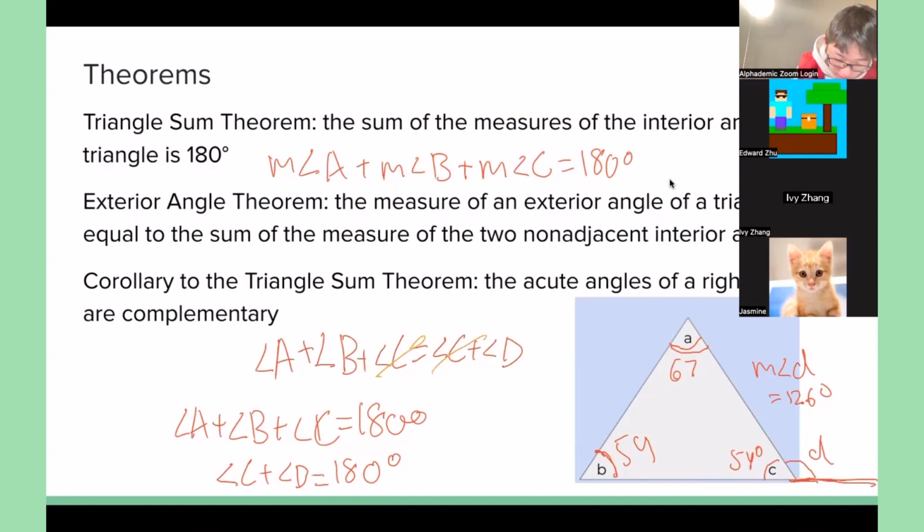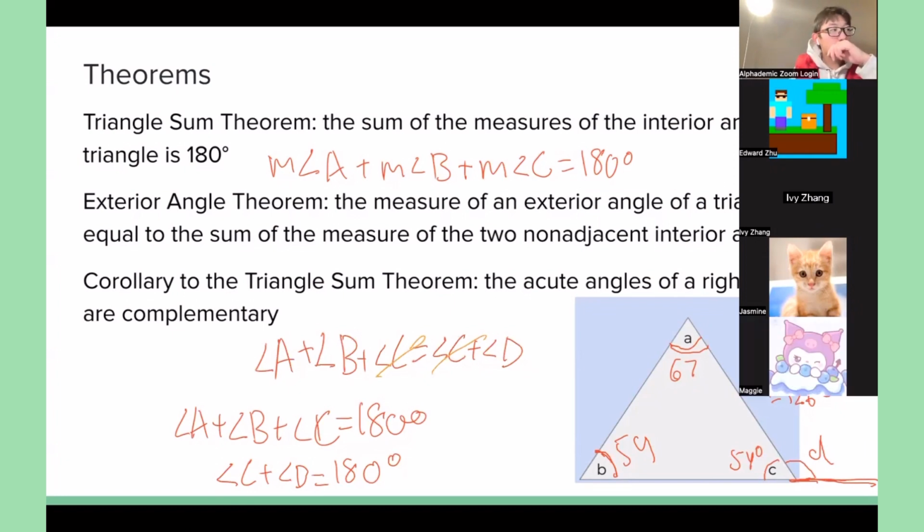Next up, we have the corollary to the triangle sum theorem, which says the acute angles of a right triangle are complementary, which, as we talked about, means they sum to 90 degrees. For example, let me draw a triangle.